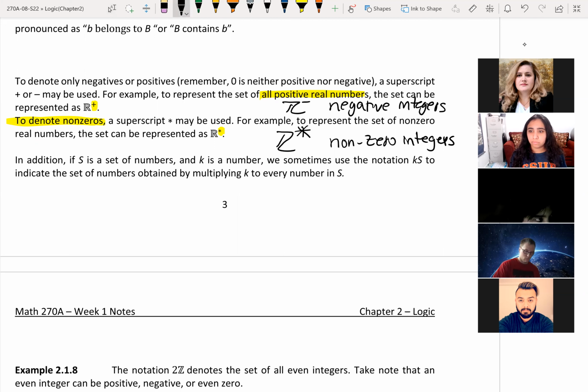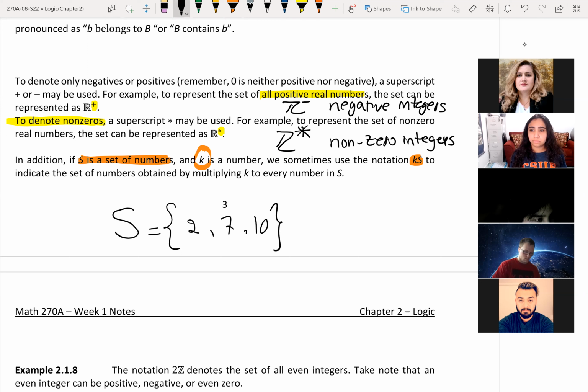Then if you have any set, which is called S, and any number lowercase k, you can use k times S. So what do I mean? Let's say your S is a set just having 2, 7 and 10.